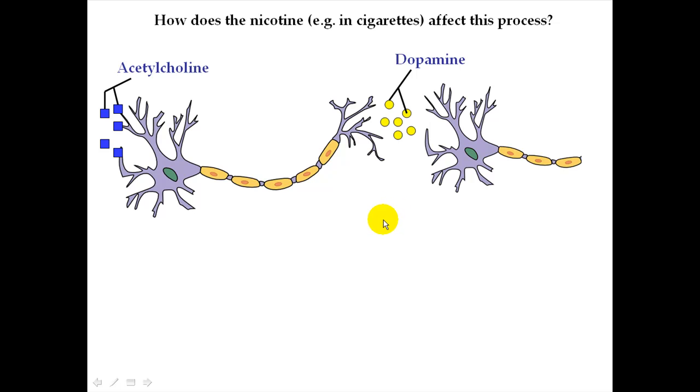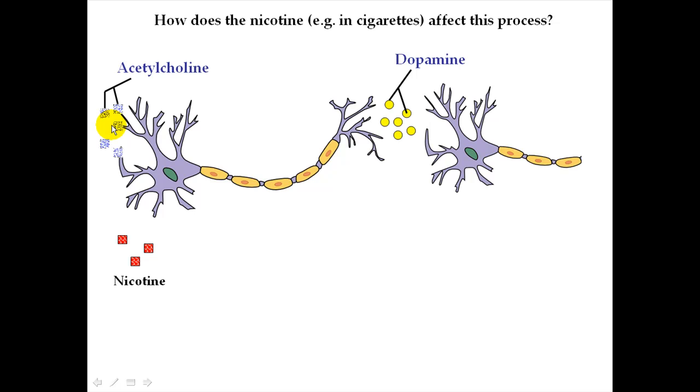The way that smoking affects this, so again, one of the chemicals found in cigarette smoke is nicotine. And nicotine, it turns out, has a very similar structure to acetylcholine, and so you might see where this is going right now. We just mentioned that the levels of dopamine can be increased or decreased depending on the body's needs, and one of the things that triggers the release of dopamine is the presence of acetylcholine.